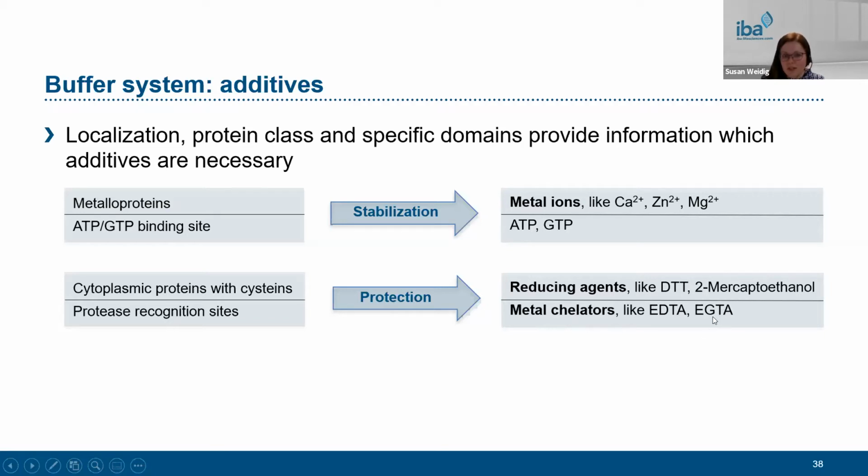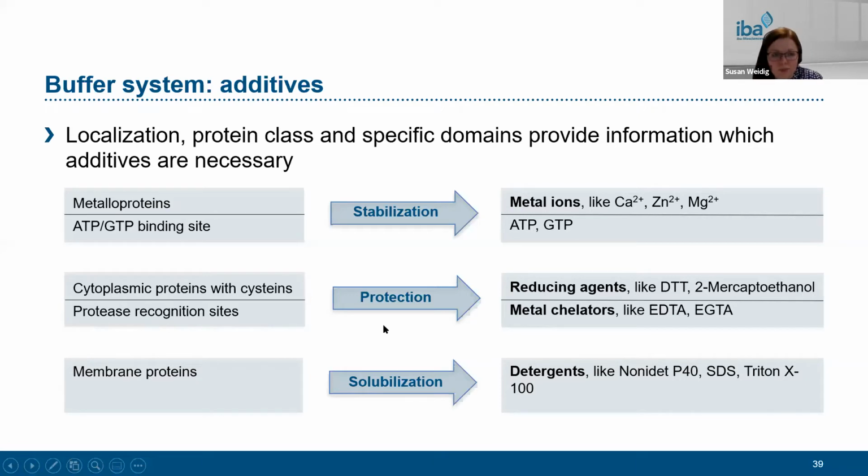These metal chelators can bind metal ions, for example, calcium or manganese, or the metal ions which are necessary to have an active protease. And if you add these EDTA or EGTA, the metals are bound and the proteases are inactive, and your protein will not be cleaved.